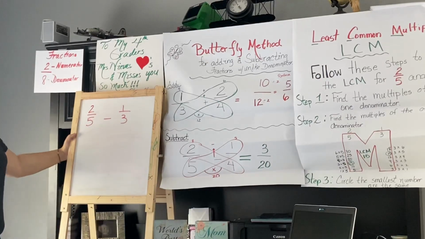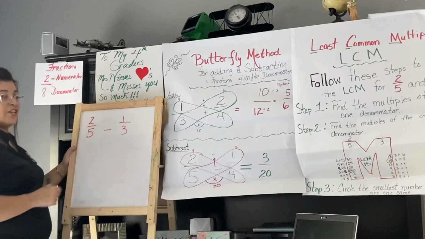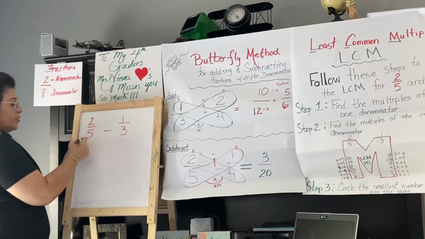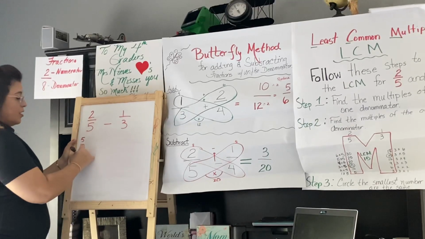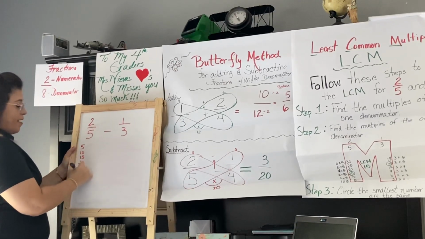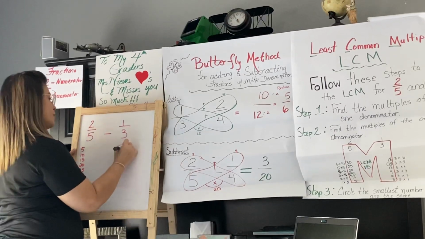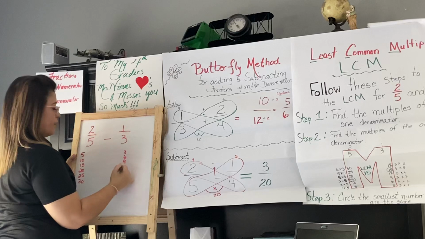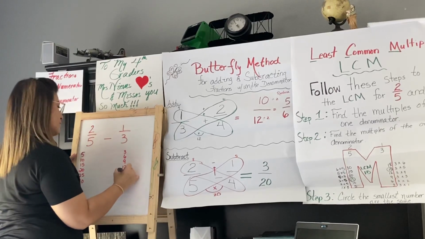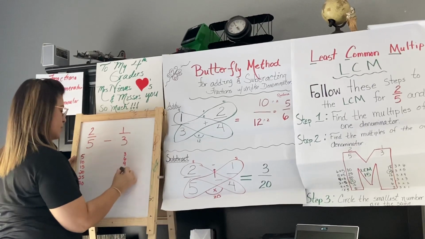Our first step is to find the multiples of each denominator. So we have 5, 10, 15, 20, 25, 30. And then we do 3, 6, 9, 12, 15.